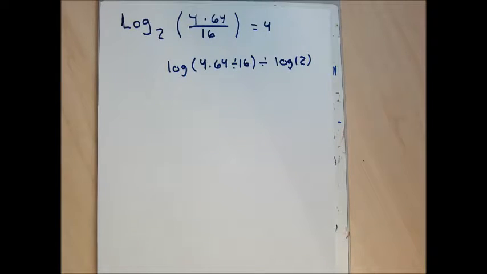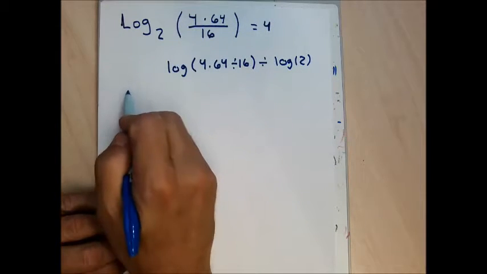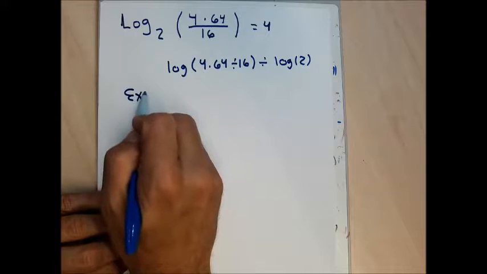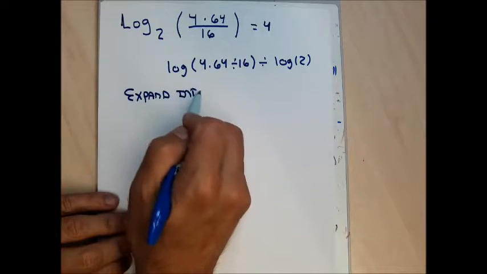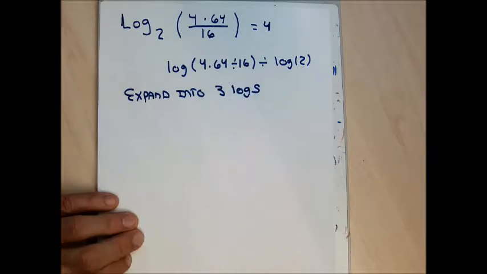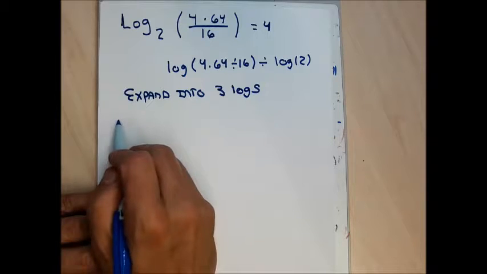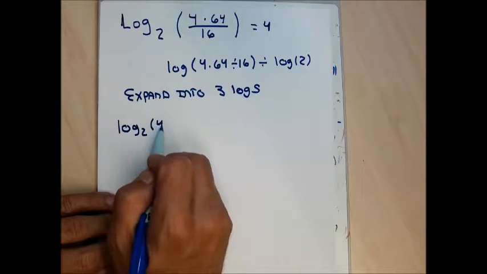When I go to expand this into multiple logs, I can expand this into 3 logs because there's kind of 3 different numbers here. So I'm going to expand this into 3 logs as opposed to just 2 logs because there's 3 numbers. Each of the logs has to have a base of 2 because the original problem has a base of 2.